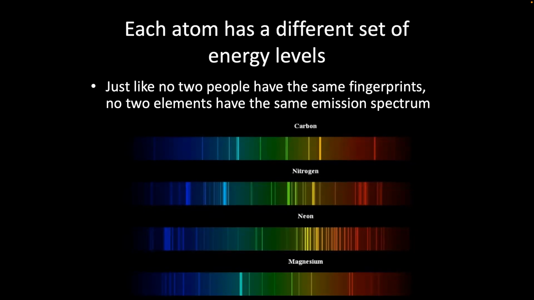So carbon, nitrogen, and neon, which of these has the highest atomic mass unit? Does anyone know? Of these three, neon. Neon is the largest. It goes carbon, nitrogen, neon, and then of course magnesium. Magnesium does some other funny stuff, and so it doesn't have as many lines in the visible as neon does.